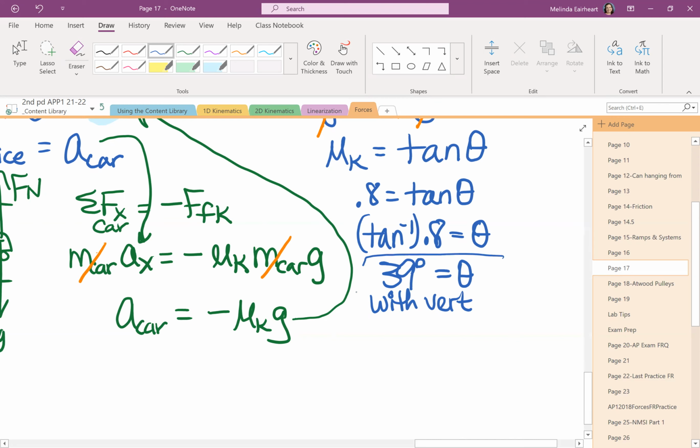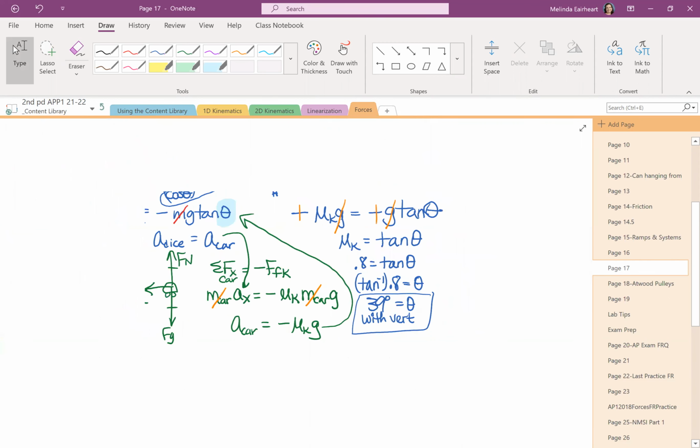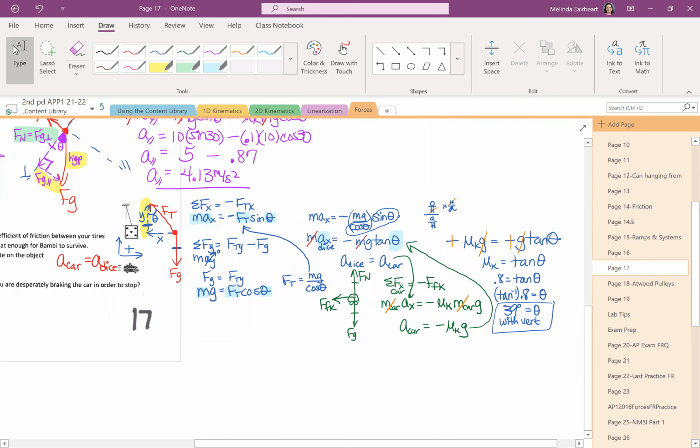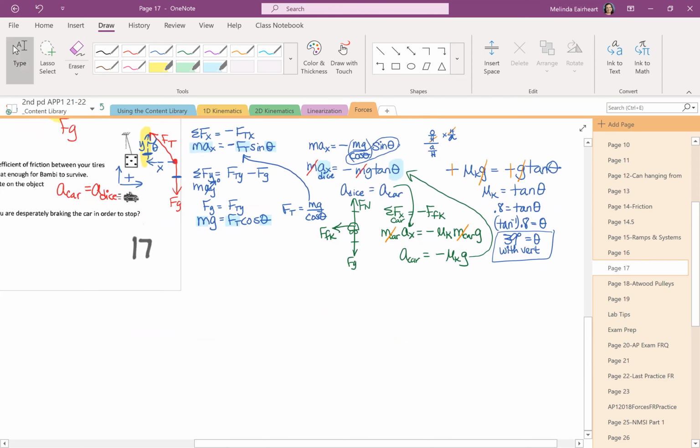And you're like, gosh, isn't there an easier way to do that? Right? And so if we had recognized in the diagram earlier that the acceleration of the dice was equivalent to the acceleration of the car, when we did our force diagram right here, we were looking for that angle. So just kind of not necessarily a shortcut, but a simplification.